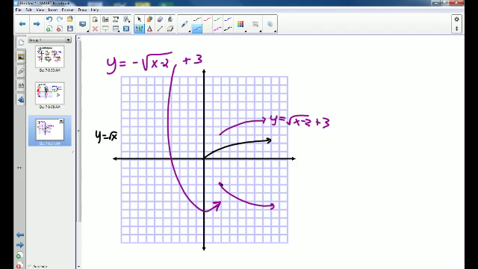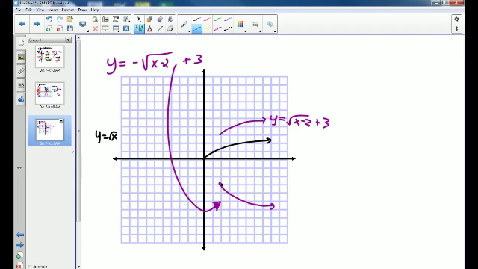Basically what you're trying to do is work with the same patterns, you just have different parent functions to start with. If you need to, you can still use the table of values to graph these.